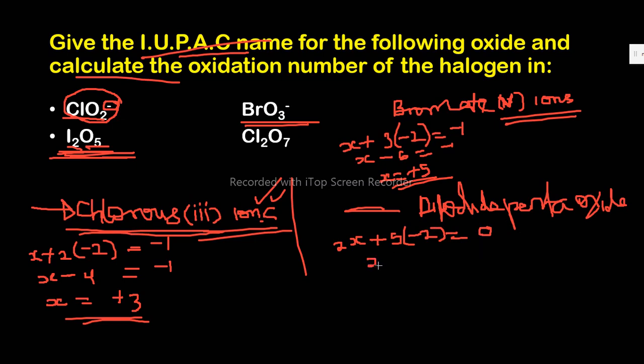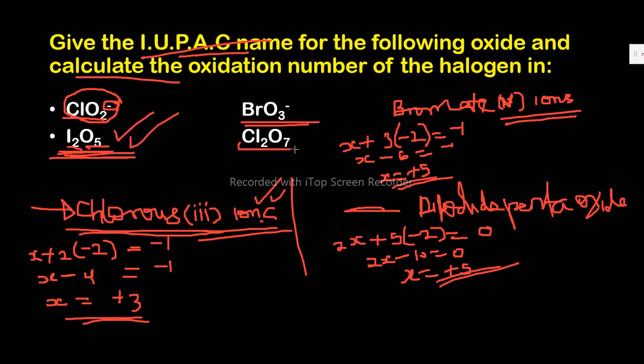So 2x minus 10 should be equal to 0. So what is my x? Let's note there. My x is going to be plus 5. So that is the oxidation state of iodine in this compound.